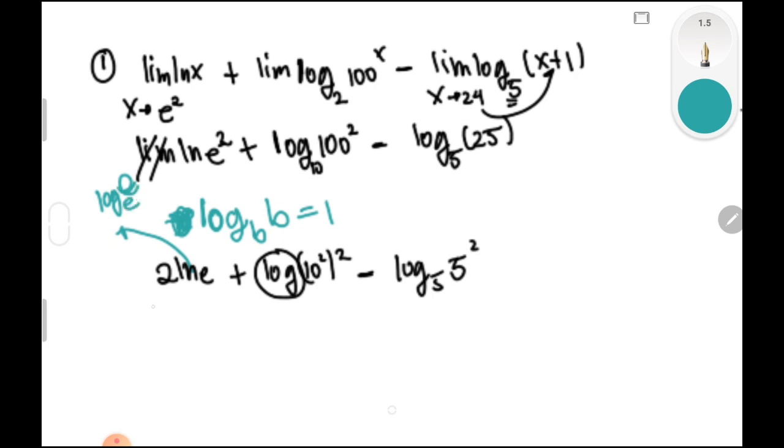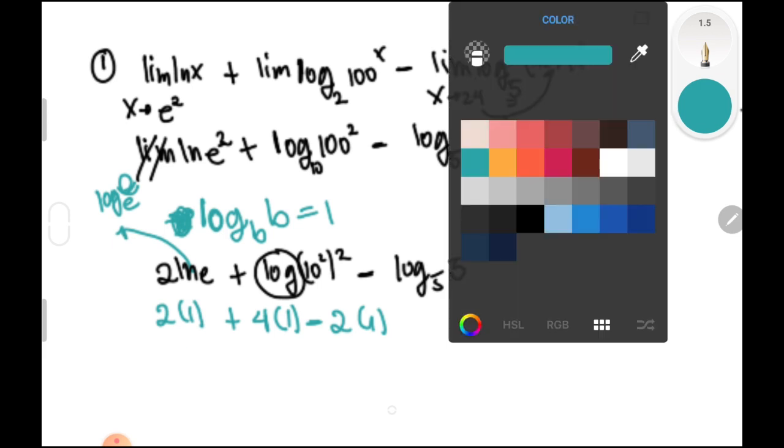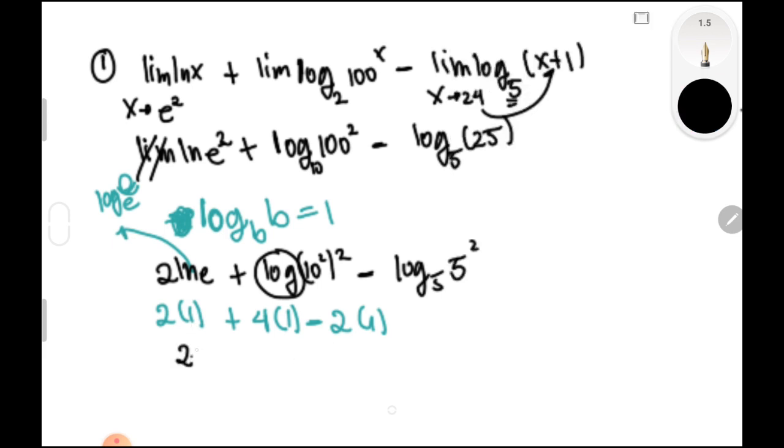So we will have a value of 2 multiplied by 1, plus 2 multiplied by 2 is equal to 4, log of 10 to the base 10 is equal to 1, minus 2 multiplied by 1. Gagamitin din natin yung power rule natin. So from this we'll have a value equal to 2 plus 4 minus 2, so we have 0.